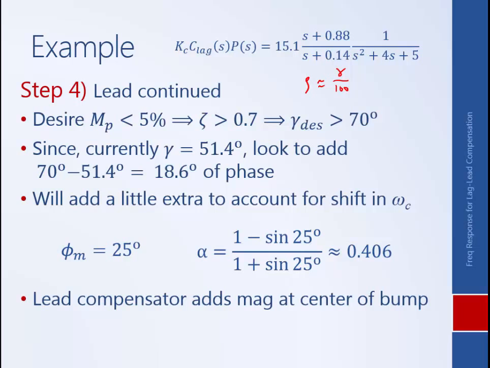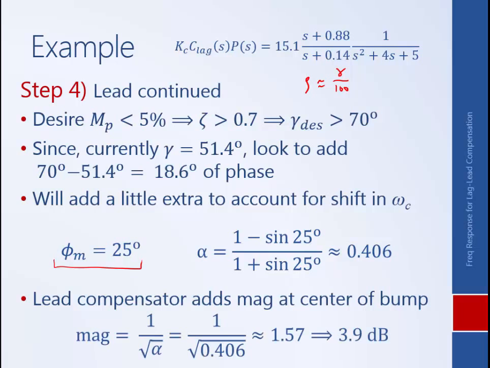When we add this, we're not only going to get a bump in phase lead, but we're also going to increase the magnitude at higher frequencies. In particular, we're going to try to center this bump in phase to be located at a new crossover frequency.